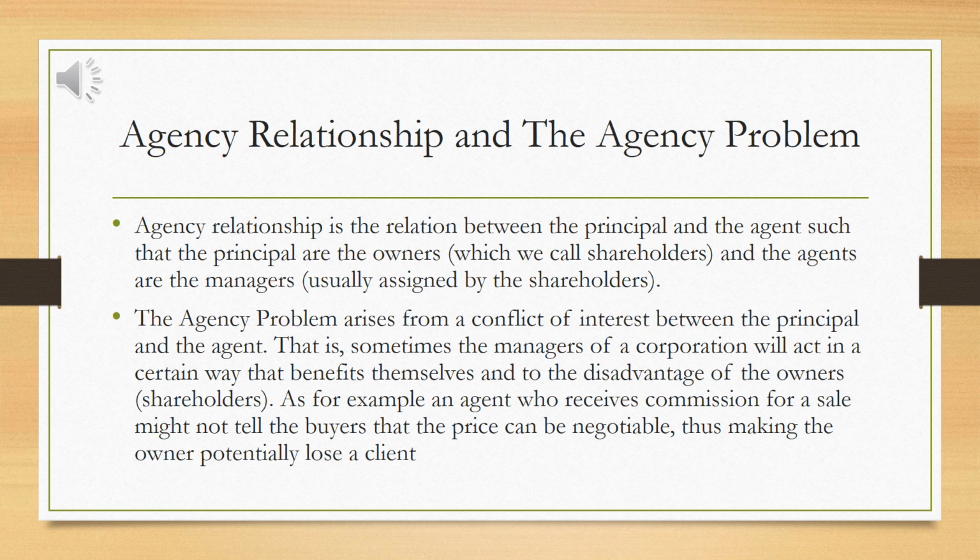That is, sometimes the managers of a corporation will act in a certain way that benefits themselves and to the disadvantage of the owners. For example, an agent who receives commission for a sale might not tell the buyers that the price can be negotiable, thus making the owner potentially lose a client.